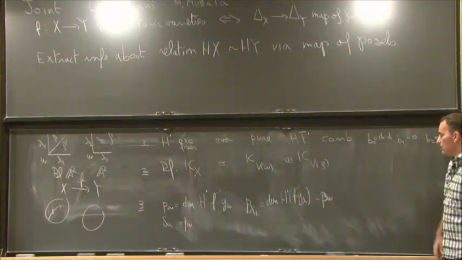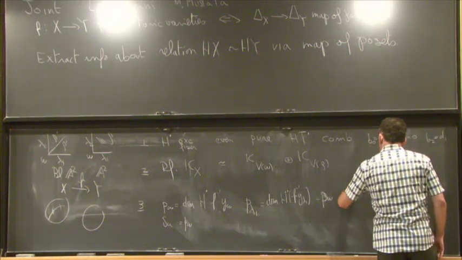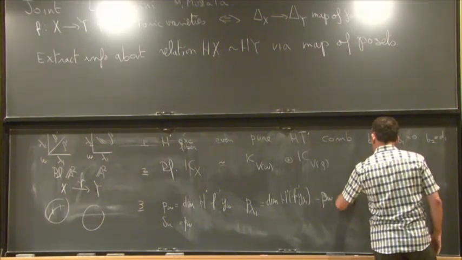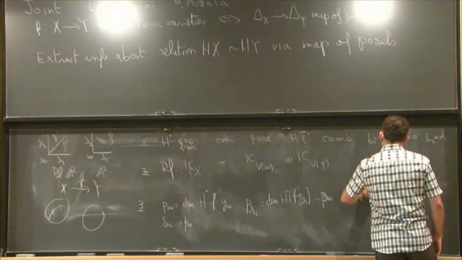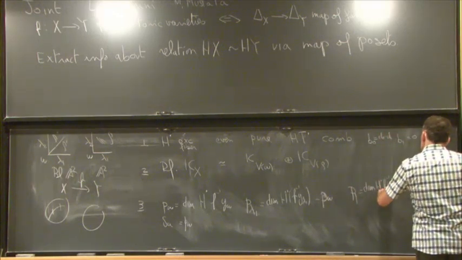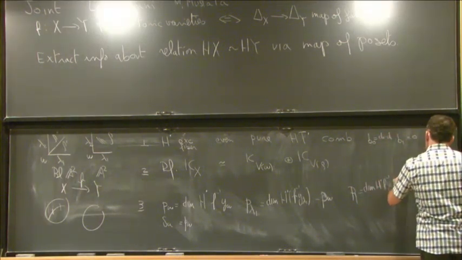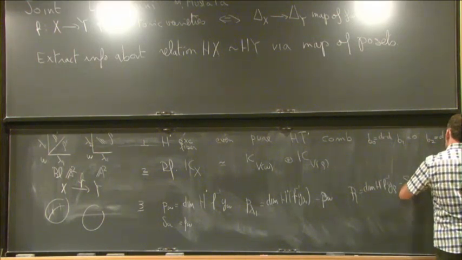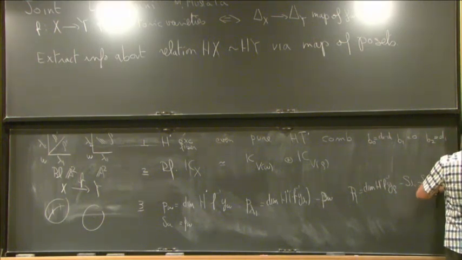I do the same for P lambda 2. And finally, I define P rho to be the dimension of the exceptional fiber, minus delta lambda 1 minus delta lambda 2 minus delta omega.